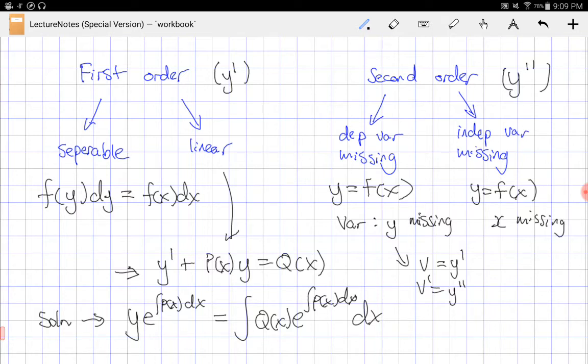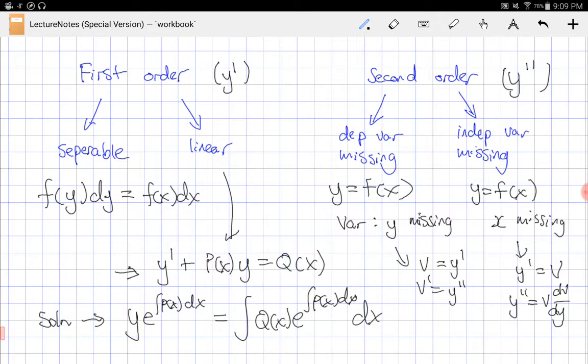And in this case, we make very similar but slightly different substitutions to solve. So your y prime would become v. We make the same substitution for y prime, but instead of letting v prime equal y double prime, we're going to let y double prime equal v dv/dy.